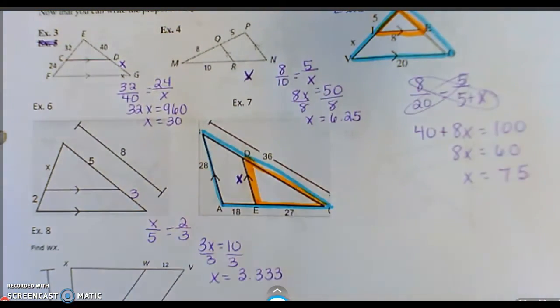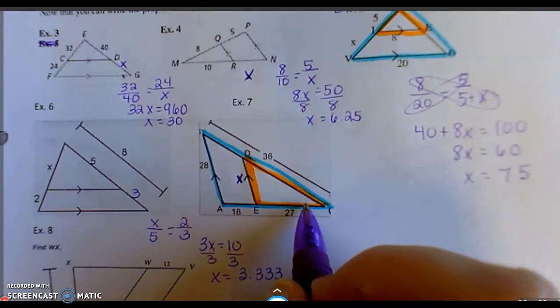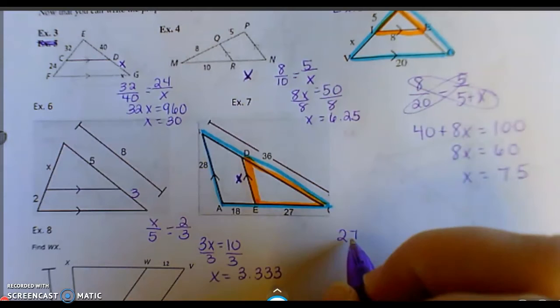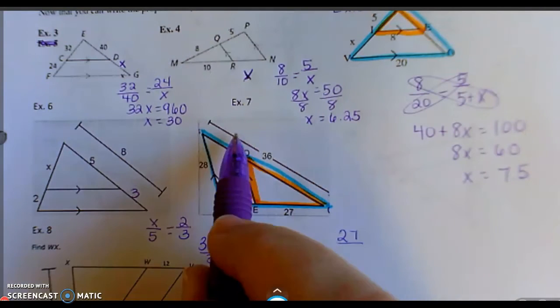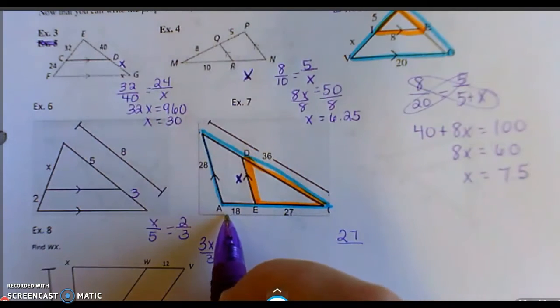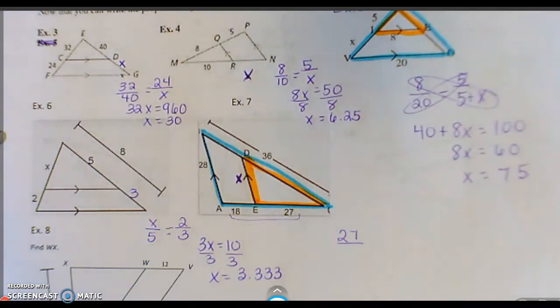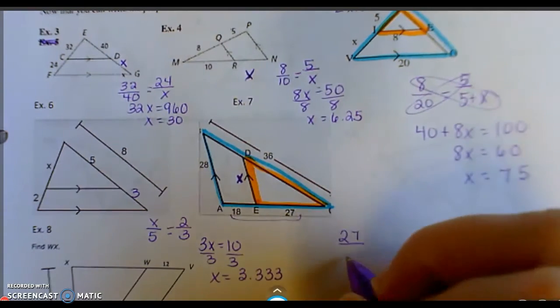Okay. So as I look at the little triangle, I know that this part of the side is 27. And see, I'm not going to use that 36 because I don't have any separate information, but I know that this is 27. That means that this part right here, the whole blue side, is 27 plus 18, which comes out to be 45.